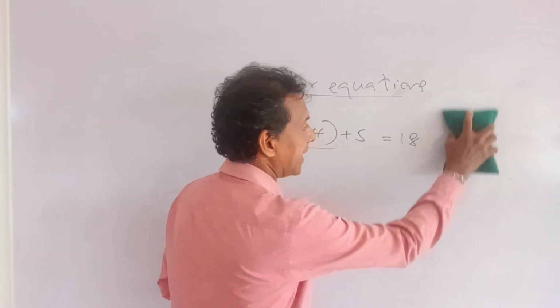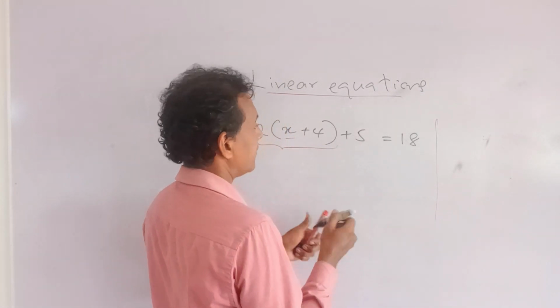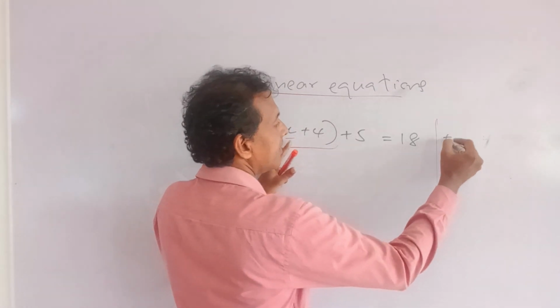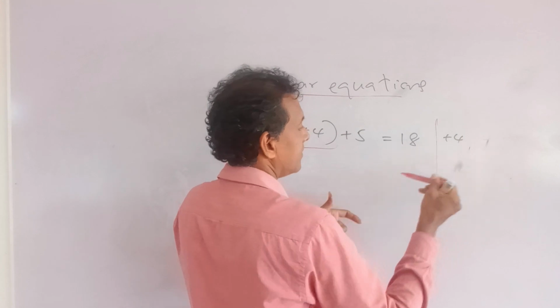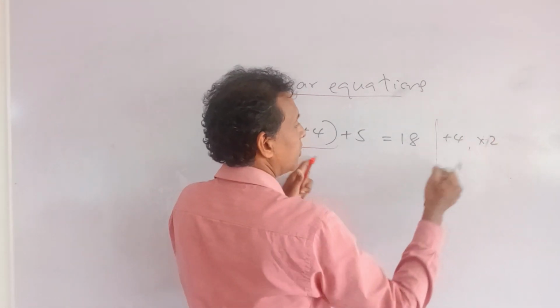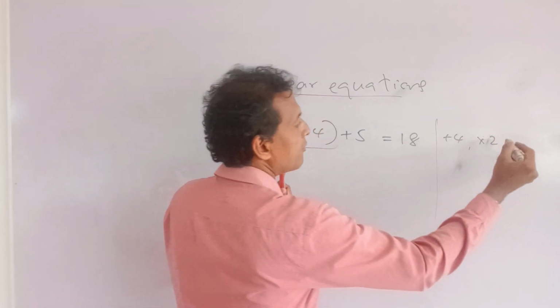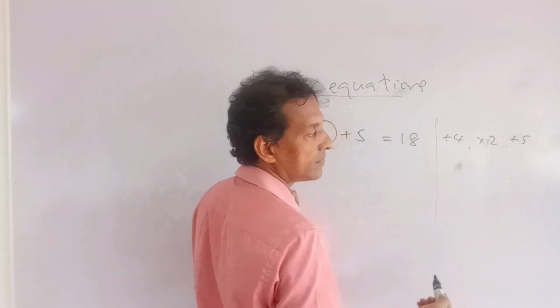So the first operation is plus 4. The second operation is multiply by 2. And then the last operation is add 5.